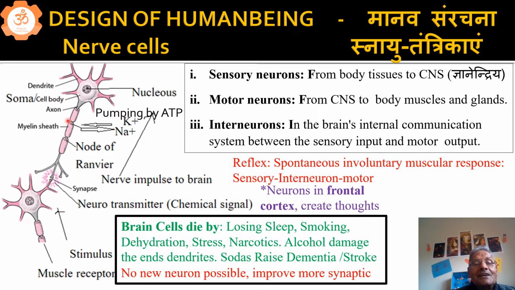So in this way, if you see, 3 ions, 3 protons are coming out, it means the inside of the cell, the intracellular fluid, becomes negatively charged. And normally it has been found that it is charged at minus 70 millivolts.